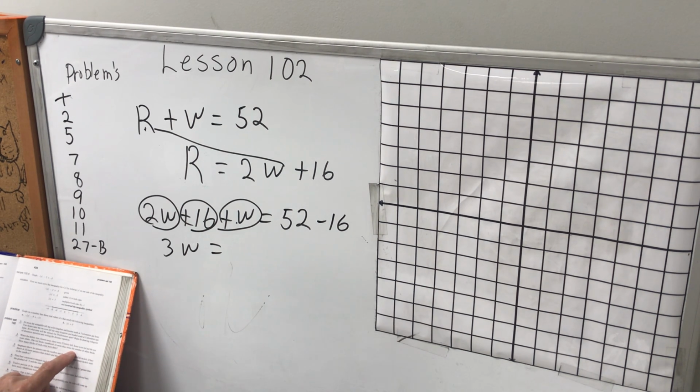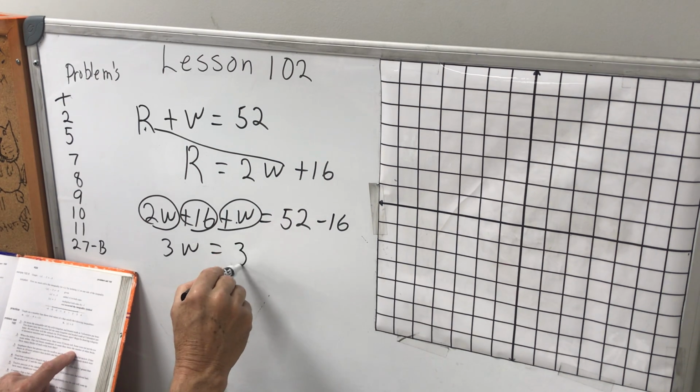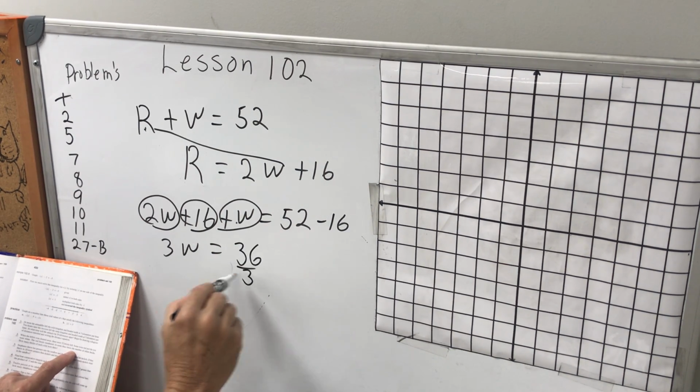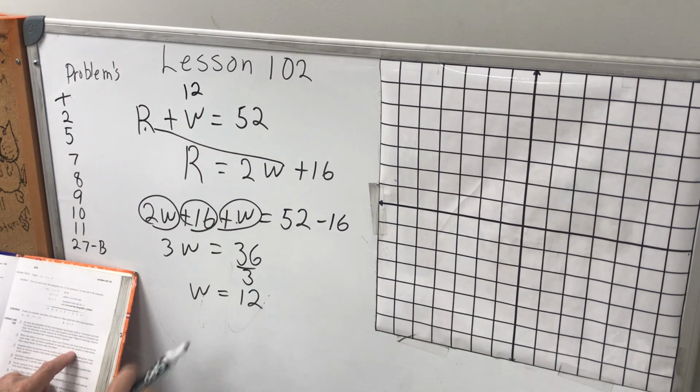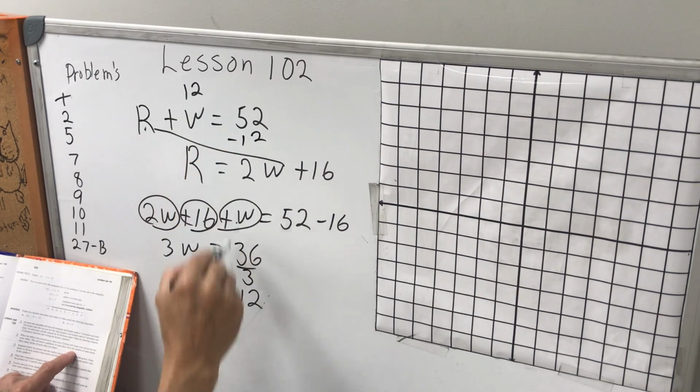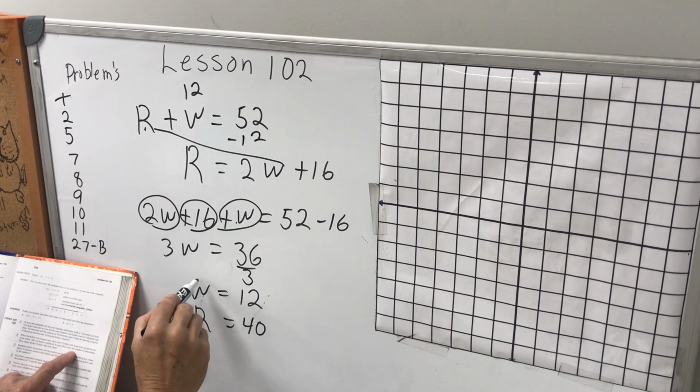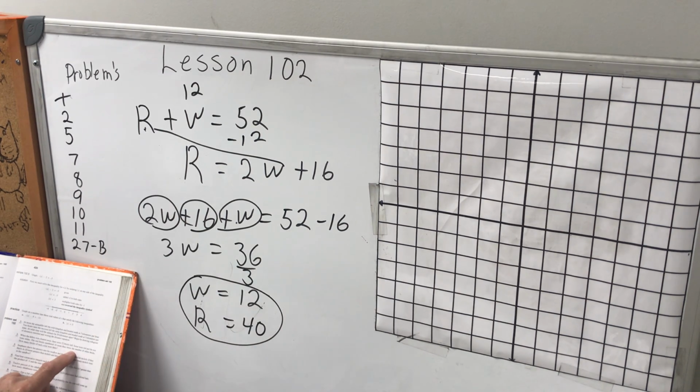I should know that in my head, and I don't. 52 minus 16 equals 36. And divide that by 3, so the white equaled 12. Now if the white equaled 12, then the red would equal 52 minus 12, which is 40. White is 12, red is 40.